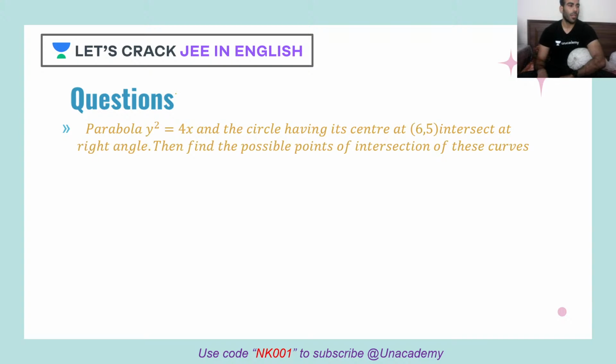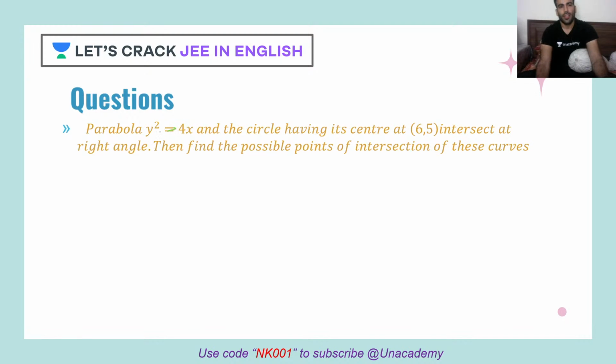So this question is what? We have again a standard parabola, y square is equal to 4x, and a circle having its center at 6 comma 5 intersecting it at right angle. So there is a parabola and a circle with center 6 comma 5, and they intersect at right angle.